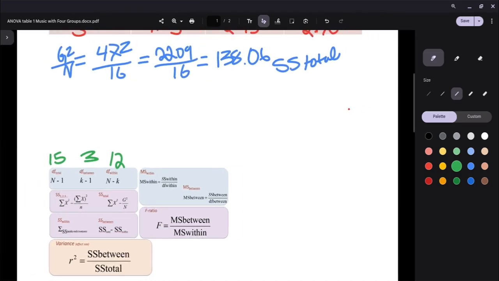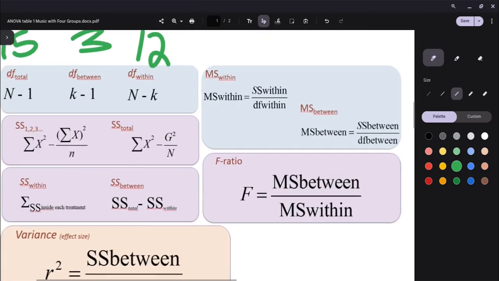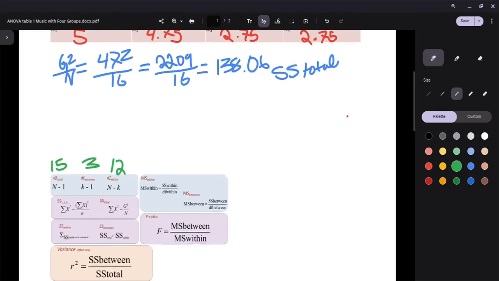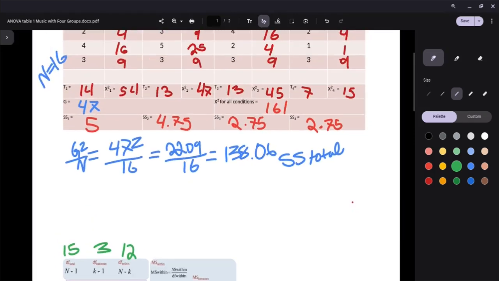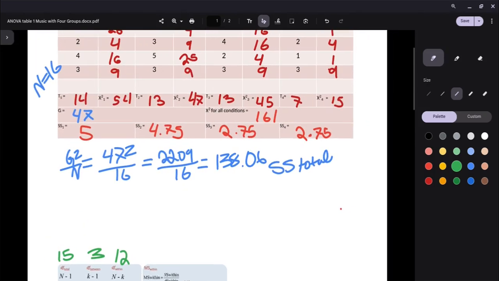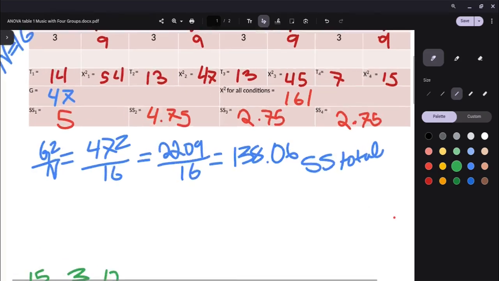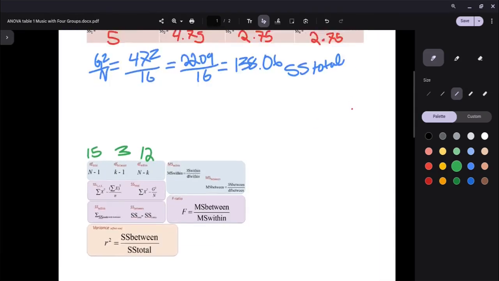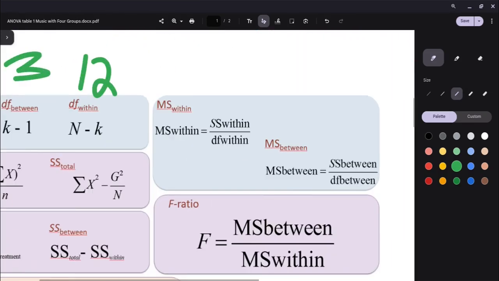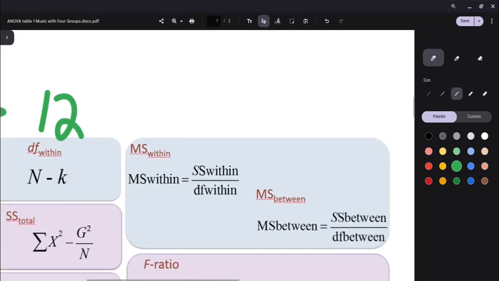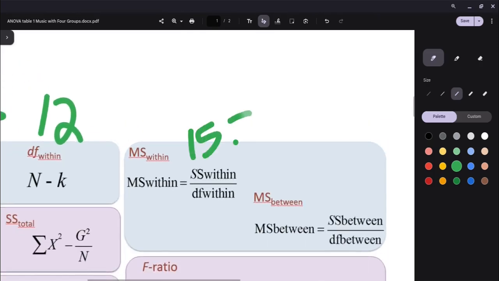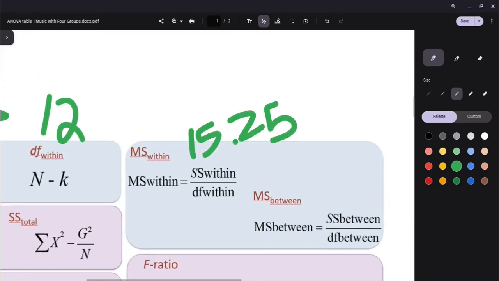Our SS between should be our SS total minus SS within. And so our SS within is going to be the scores of all our SS's together. So 5 plus 4.75 plus 2.75 plus 2.75 is 15.25.